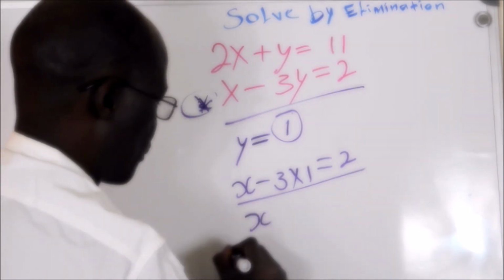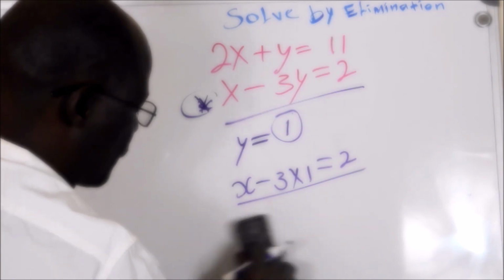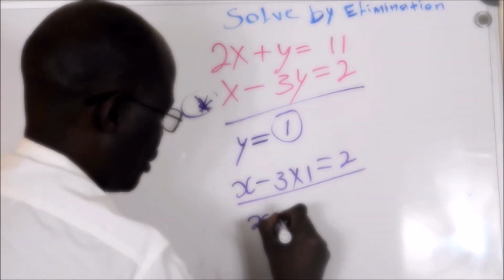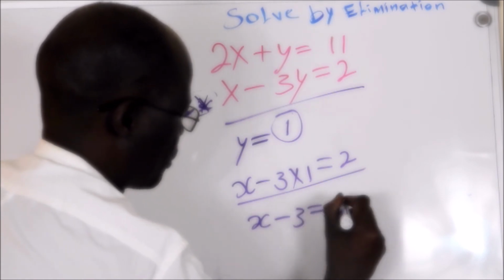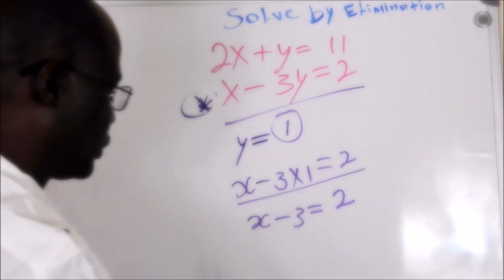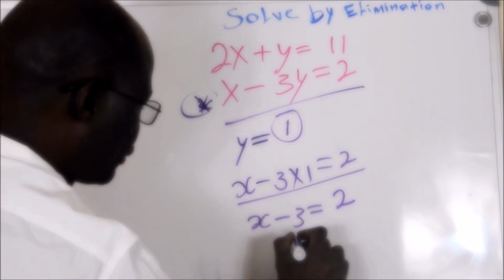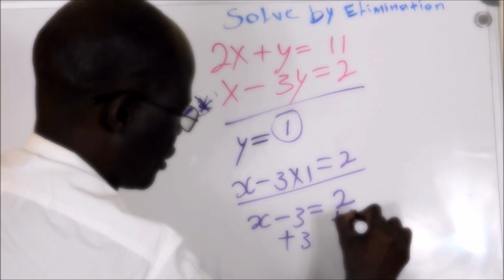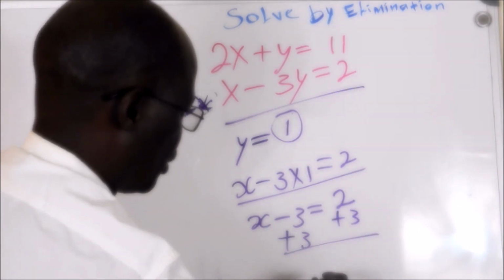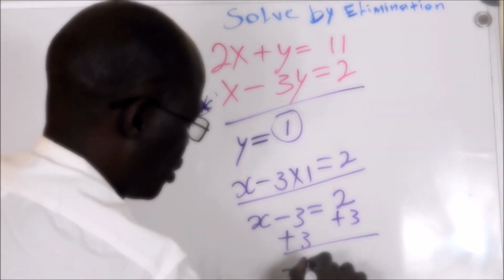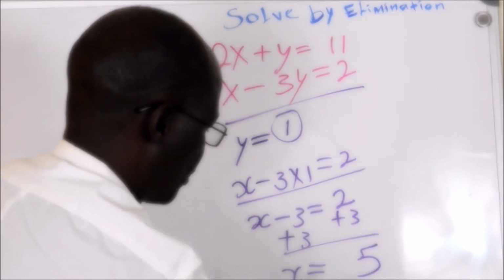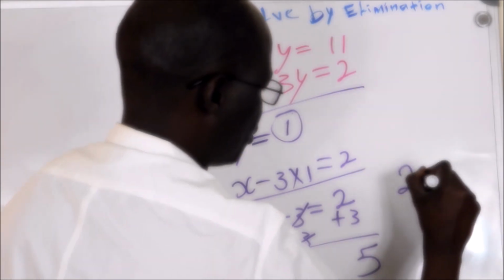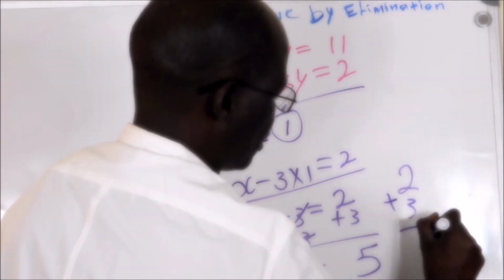So x minus 3 equals 2. We're going to add 3 to both sides. So x should equal 5, because the -3 goes with the +3, and 2 plus 3 equals 5.